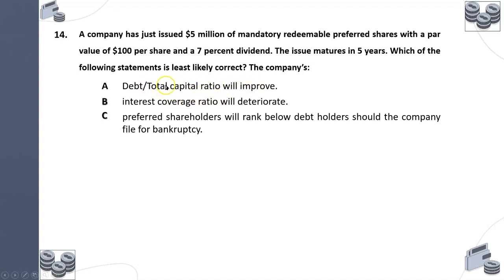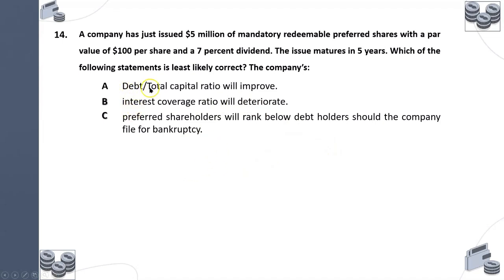Let us skip this and look at B: interest coverage ratio will deteriorate. And C: preferred shareholders will rank below debt holders should the company file for bankruptcy. These are the three answers.